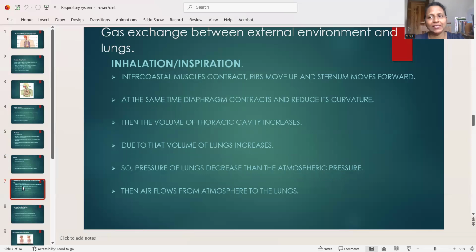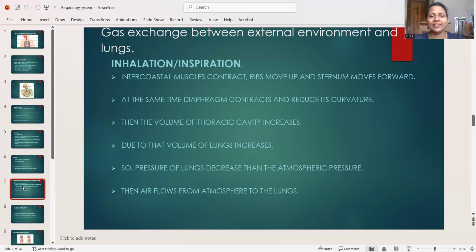First, we discuss the first step of respiration, that is, gas exchange between the external environment and the lungs. We call it inhalation and exhalation. First, we are going to pay attention to inhalation or inspiration.